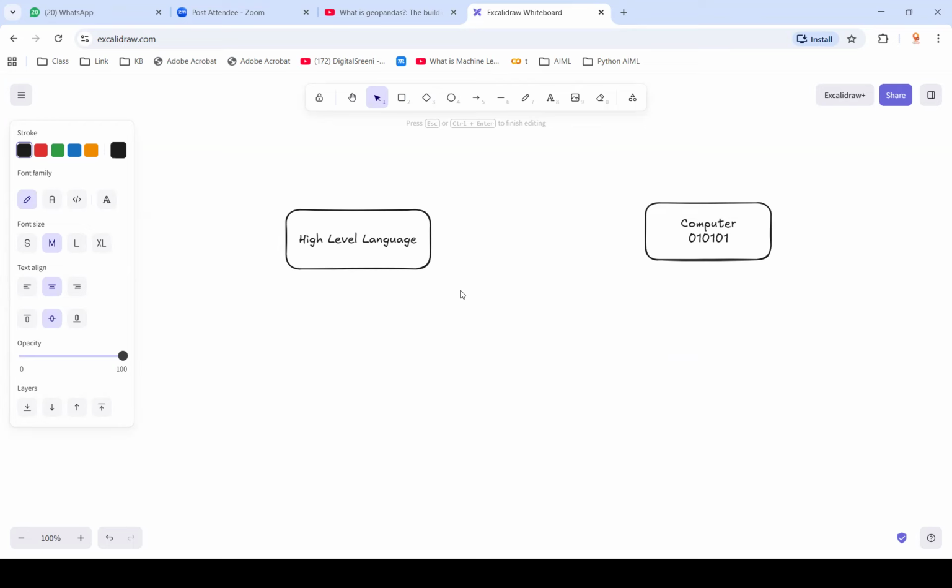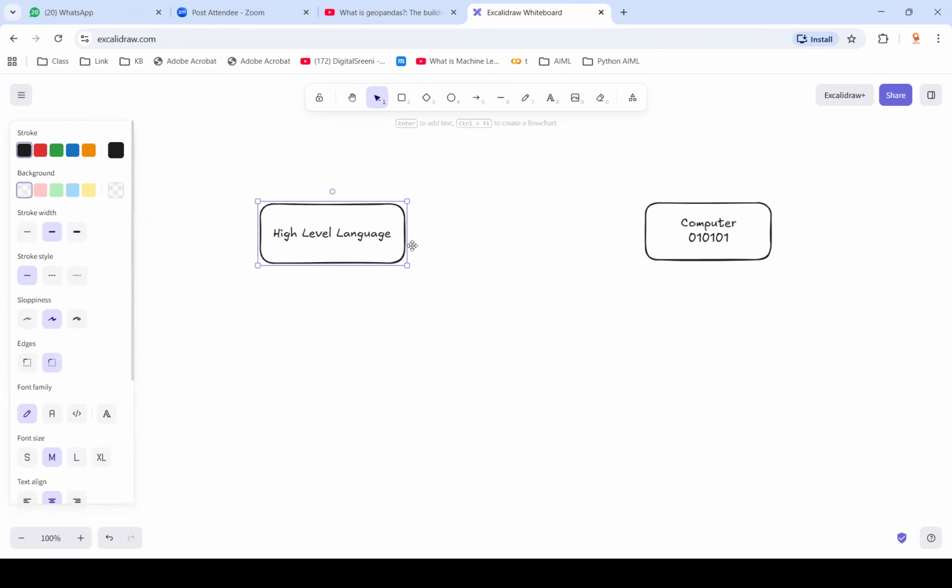So now we need one translator. That translator will convert this language to the machine level language and our work will be done.